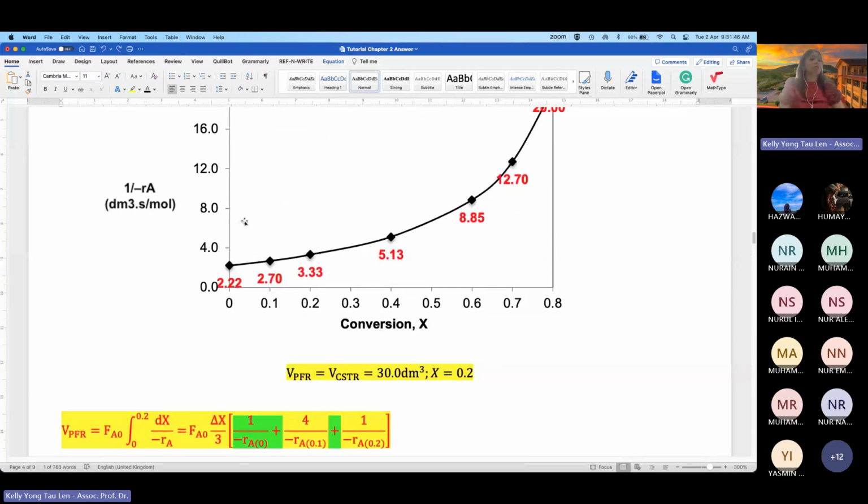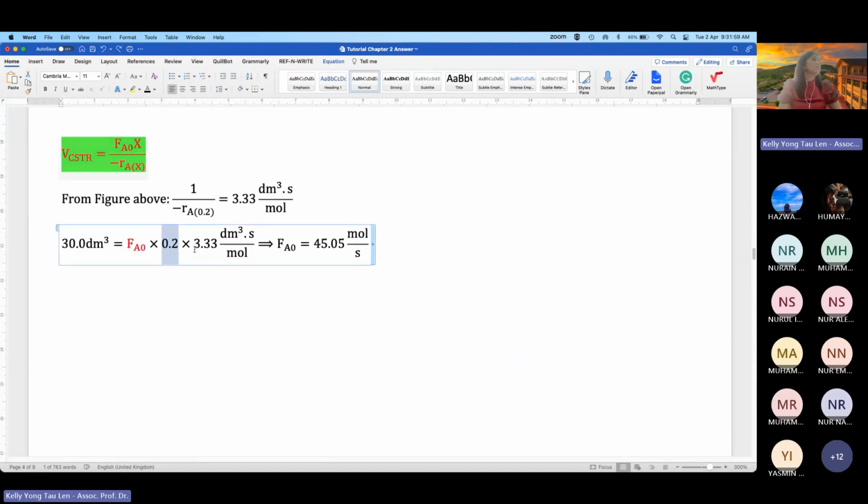When I check the Levenspiel plot, when my X is 0.2, instead of minus RA, the plot gave me 1 per minus RA at 0.2, which is 3.33. So we directly multiply with 3.33, because the Levenspiel plot already gave us directly that when my X is 0.2, my 1 per minus RA is 3.33. So it's a direct substitution.